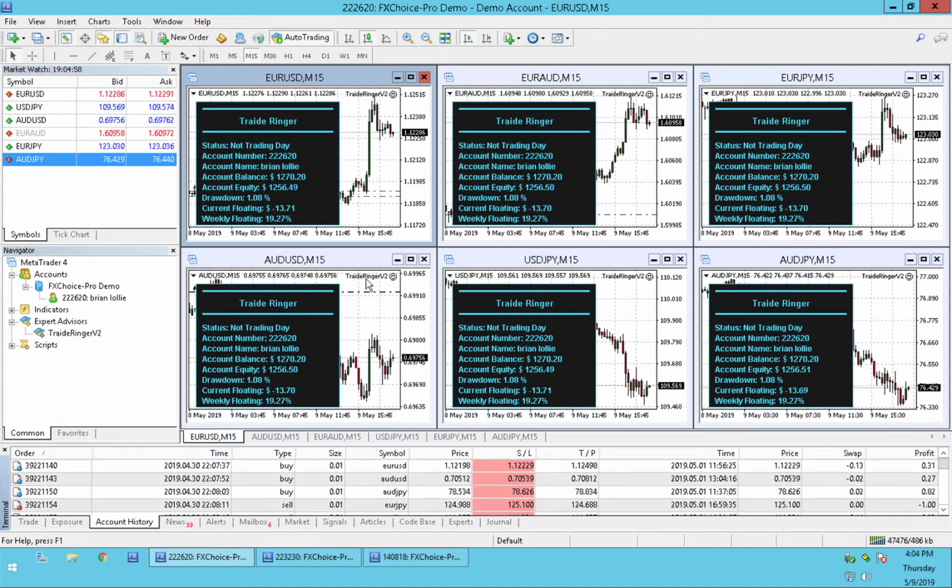What's nice about this is it will do what's called a currency ring, and it will take 3 of these pairs and put them in a ring, take the other 3 and put them in a ring. So basically, as the software makes an educated guess from the algorithms and artificial intelligence, it will make an educated guess as to whether or not this would be a good pair to purchase for you.